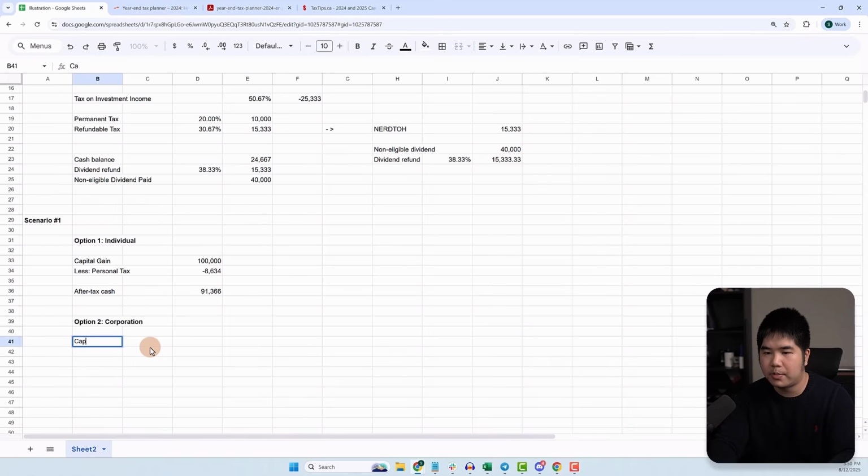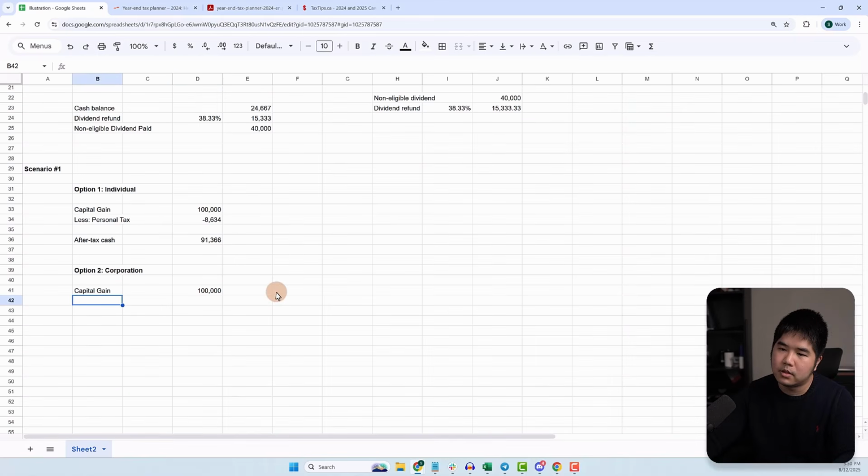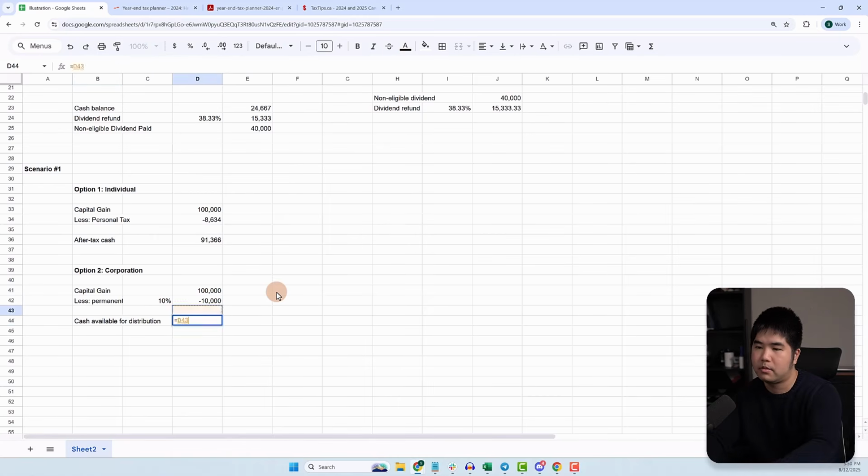So capital gain, $100,000 less permanent tax at 10%, cash available for distribution. I'm ignoring the refundable taxes because we're going to pay out all the non-eligible dividends.